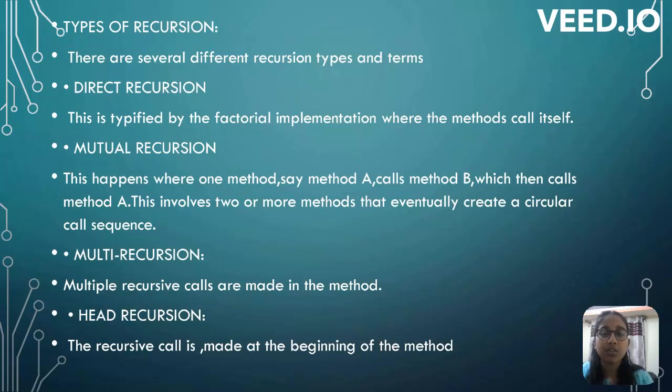Mutual recursion. This happens where one method, say method A, calls method B, which then calls method A. This involves two or more methods that eventually create a circular call sequence. Multi recursion, where multiple recursive calls are made in the method. Head recursion, where the recursive call is made at the beginning of the method.